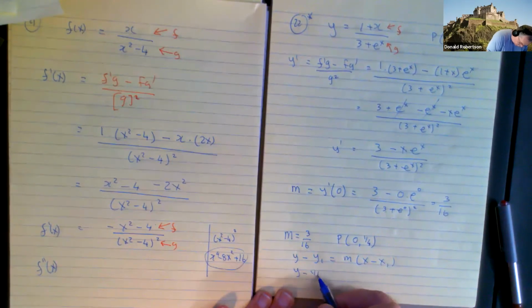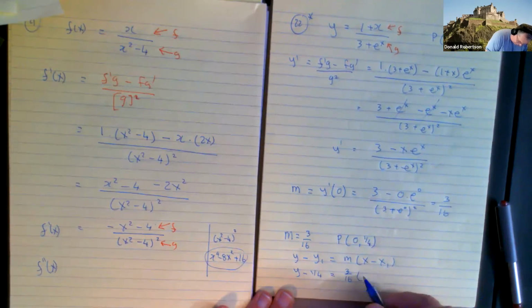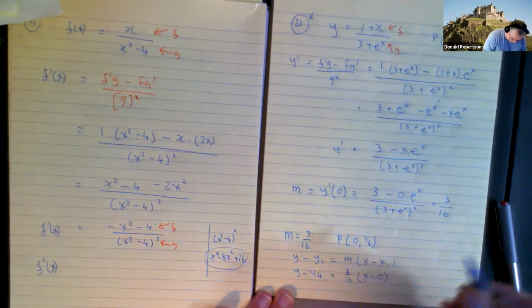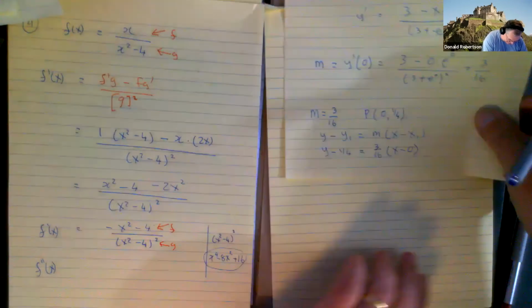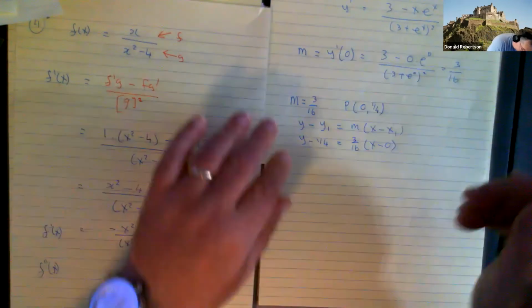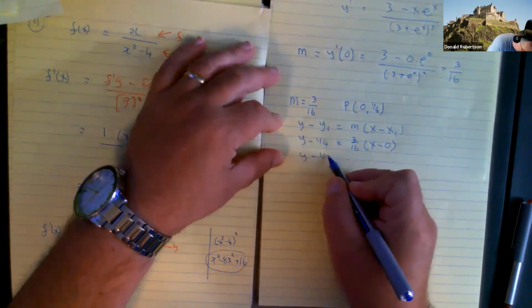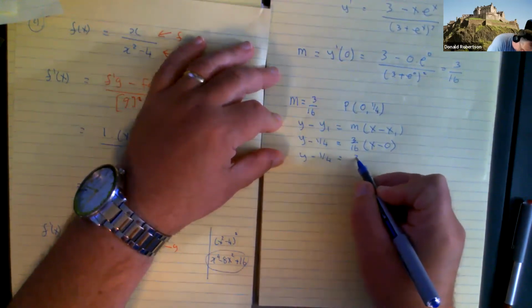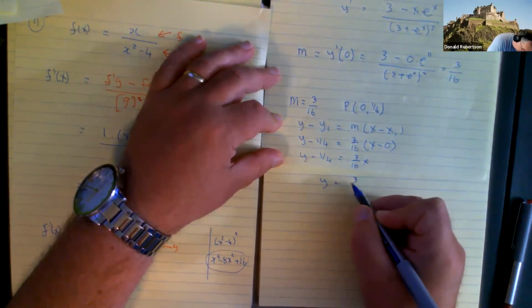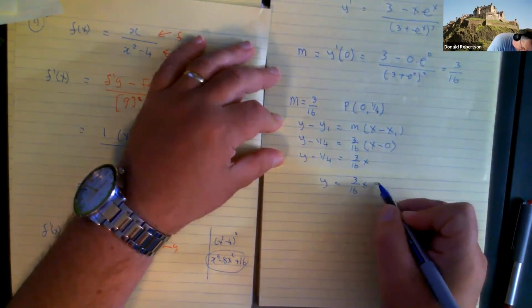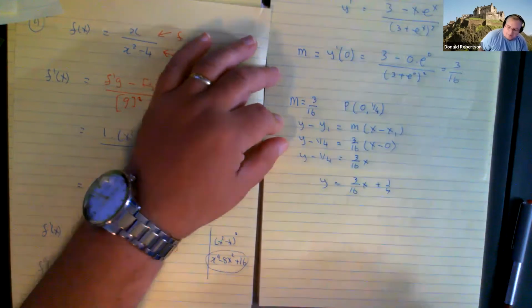Y take away a quarter is equal to 3/16 x take away 0. And I'm running short of room here. So it's going to be 3/16 x plus a quarter.